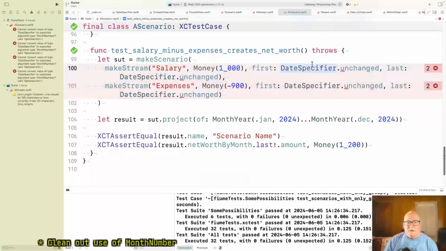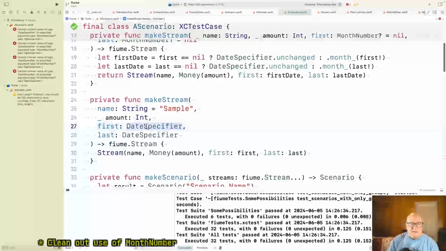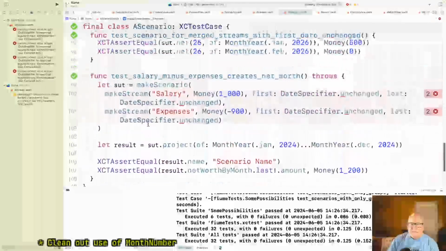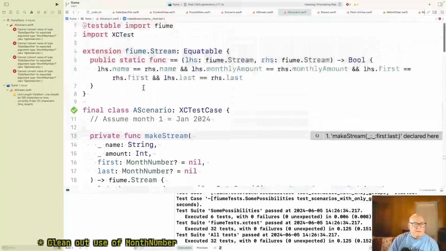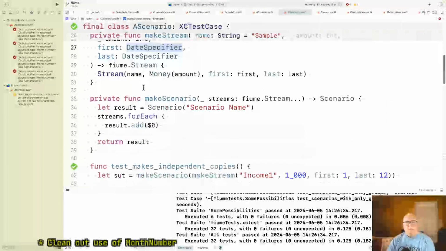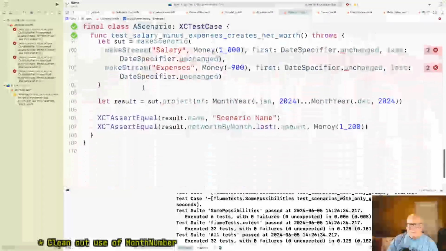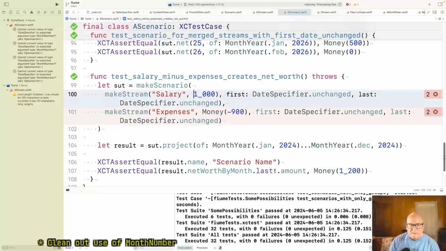Really? What's going on? Make stream, make stream. Name, amount, date spec. Oh, amount int. Yeah. Well, that one's amount. Why is it money? It's supposed to be int.